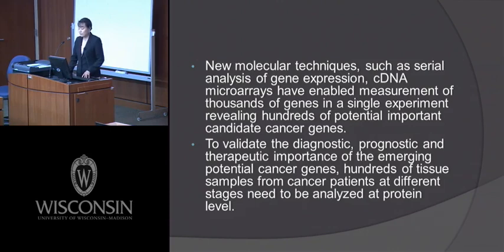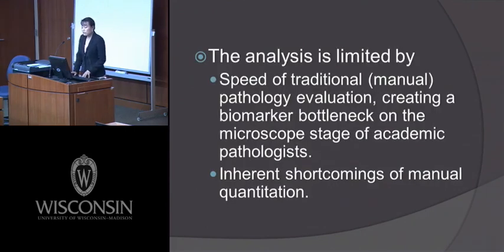To validate the diagnostic, prognostic, and therapeutic importance of these emerging cancer genes, sometimes hundreds of tissue samples from cancer patients at different stages need to be analyzed at the protein level. However, the analysis is oftentimes limited by the speed of evaluation, creating a biomarker bottleneck on the microscope stage of academic pathologists, and by the inherent shortcomings of manual quantitation.